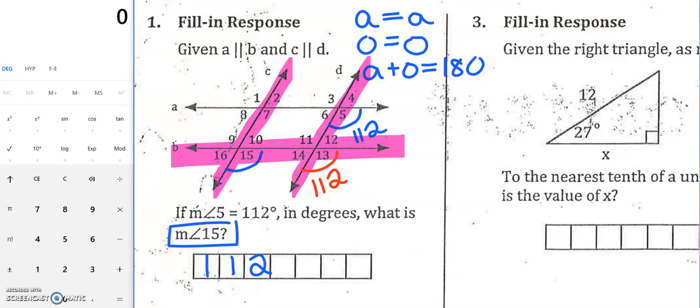Angle 13 and angle 15 now are also corresponding angles with respect to line B as its transversal. So those two should also have the same measure because they're both corresponding angles. So that would be the official reason as to why they're both 112. All right, let's move on to the next question.